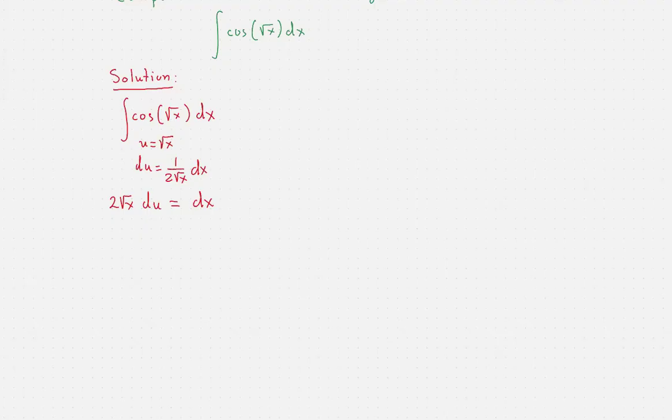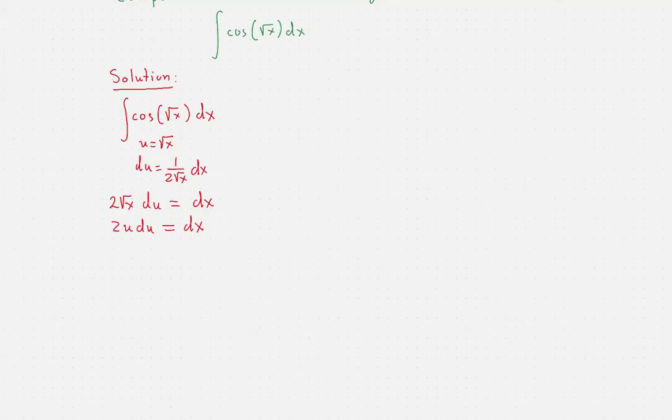And of course, we know that square root of x is u, so this gives us 2u du equals dx. And that's what I meant. The differential in this case becomes more complicated, but it's all about getting rid of the square root of x inside cosine. So let's see what happens here.